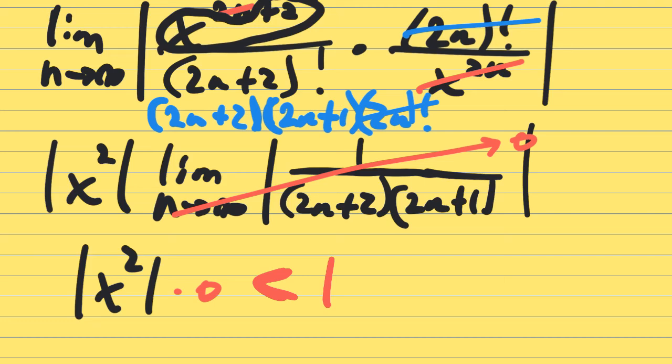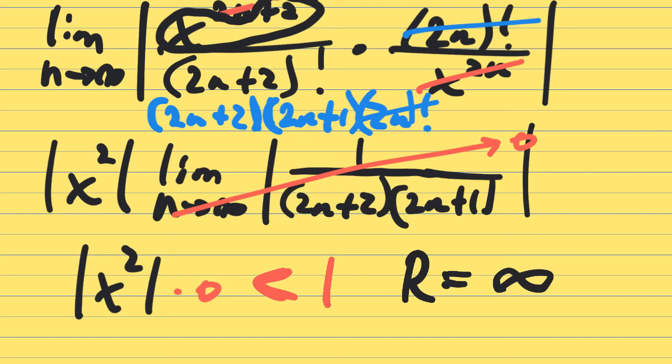So this one has a radius of infinity. On our first example, our limit came out to 1, and so the absolute value had to be within less than 1 in distance from 0 on a number line.